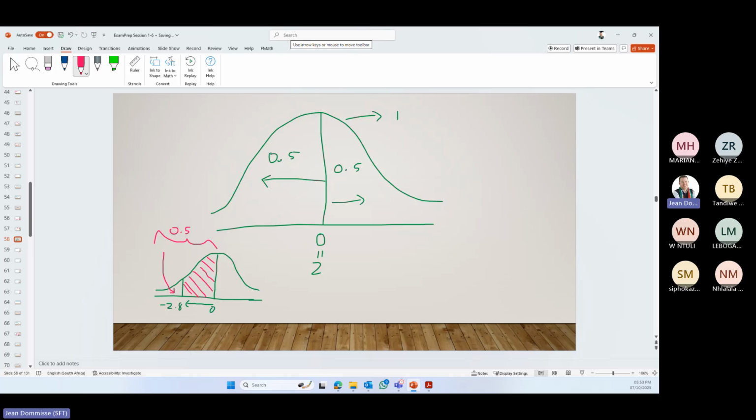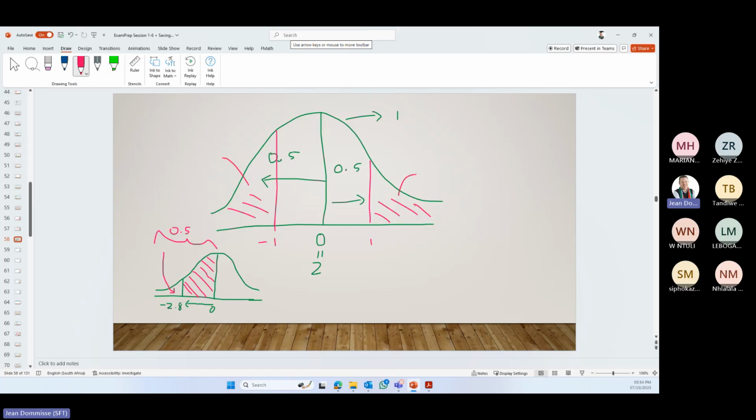So always with the normal distribution, you have symmetry. If my z is minus 1 and my z is 1, this area and that area will always be the same size.